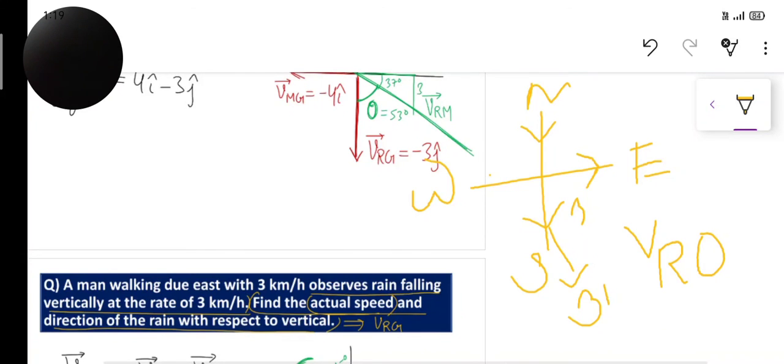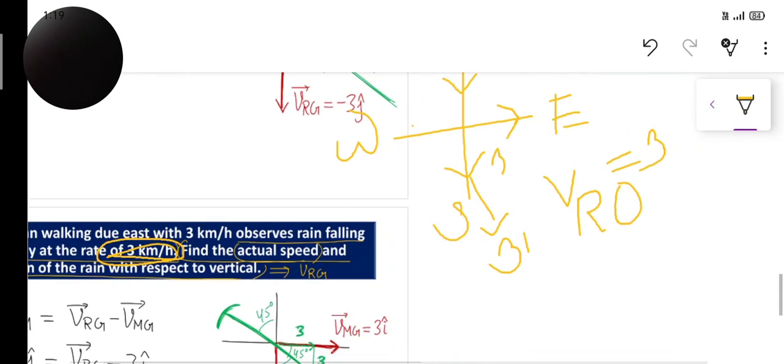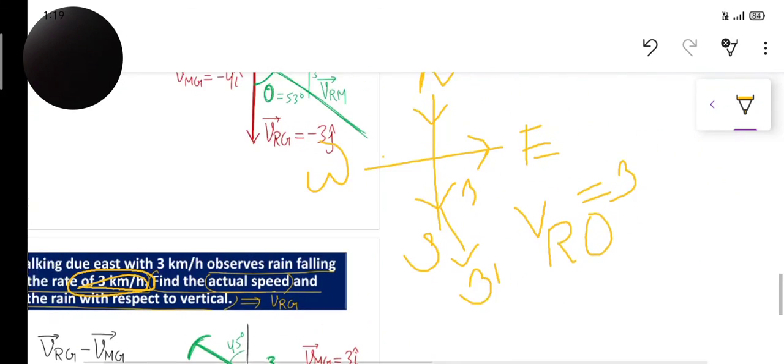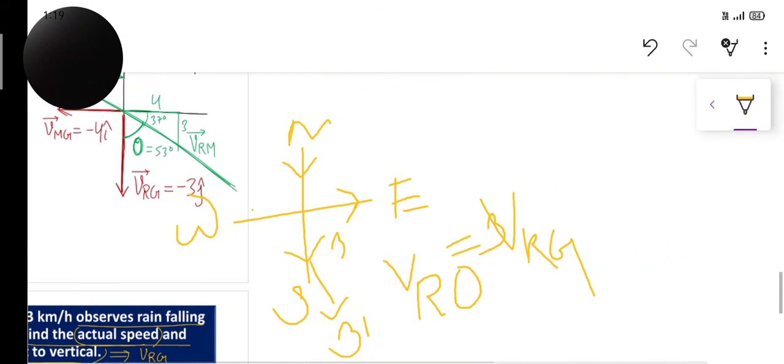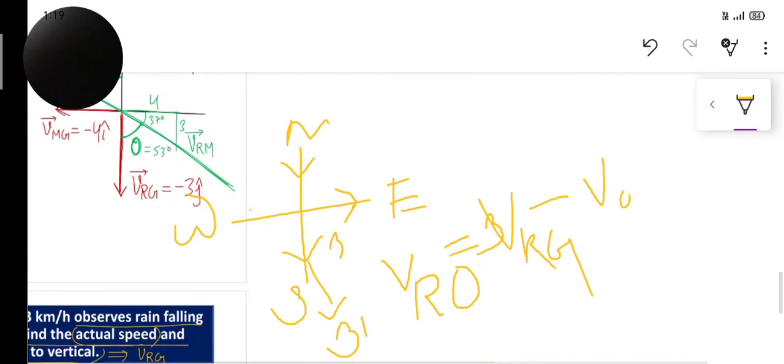A man walking due east, this is east, with 3 km per hour observes rain. Here it is giving the velocity of man with respect to ground, which is given as 3 km. Now the velocity of rain with respect to observer is the velocity of rain with respect to ground and the velocity of observer with respect to ground.